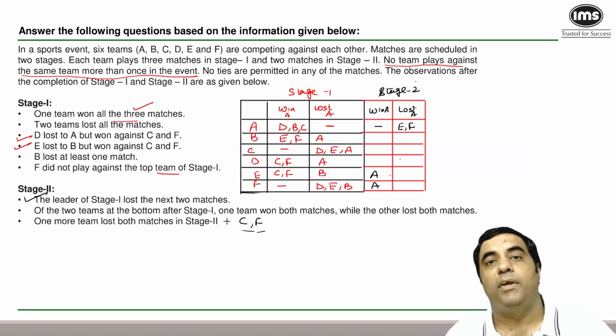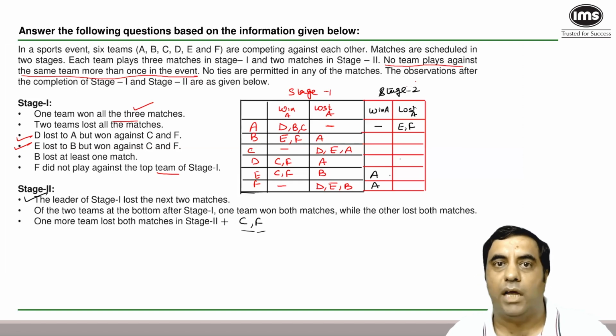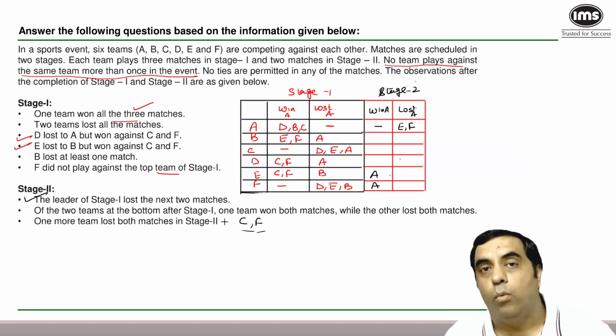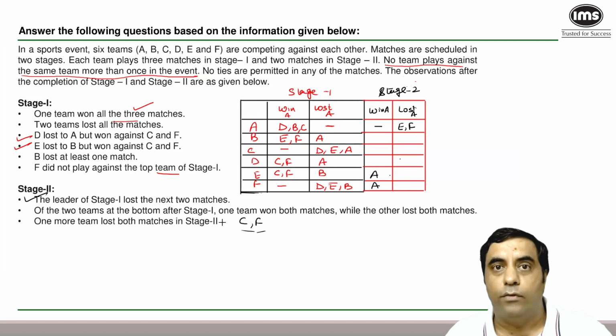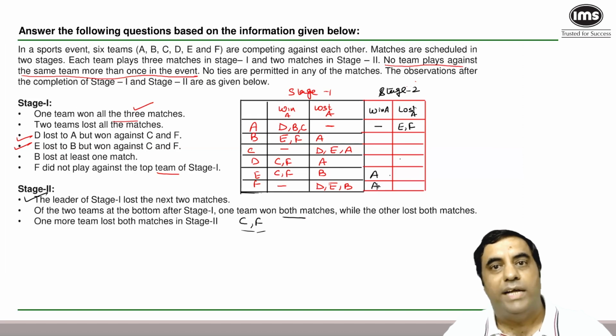From the previous statement we got to know that A lost against F, so F has already won one match, and F was at the bottom in stage 1. Therefore, F is the team that has won both the matches. So F won against A. Now the other match F has to play, because F already played against B, E, D, and now A also, is against C. So F won against C. If F won against C, then C lost against F.